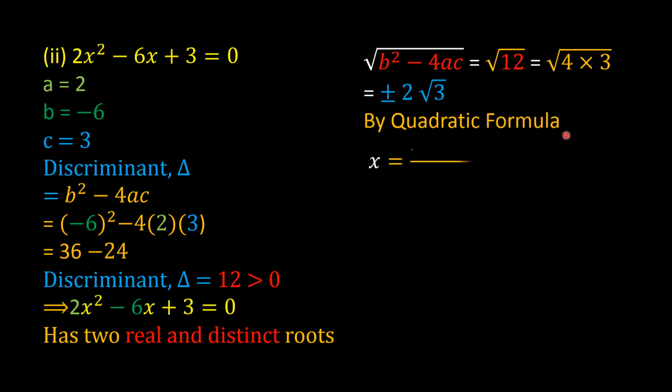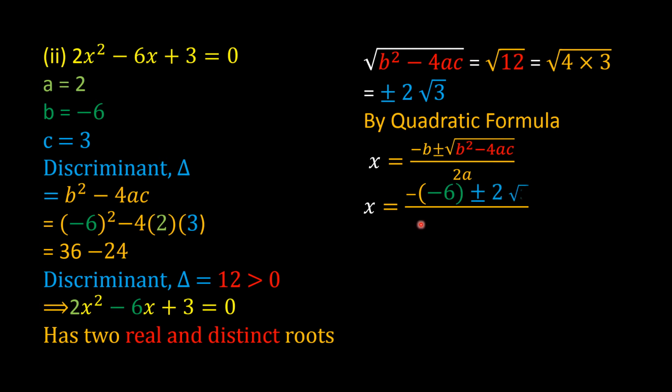By quadratic formula, we write x equals minus b plus minus under root b squared minus 4ac divided by 2a. We will substitute the values. We have b equals minus 6 and under root b squared minus 4ac is plus minus 2 under root 3 and a is 2.